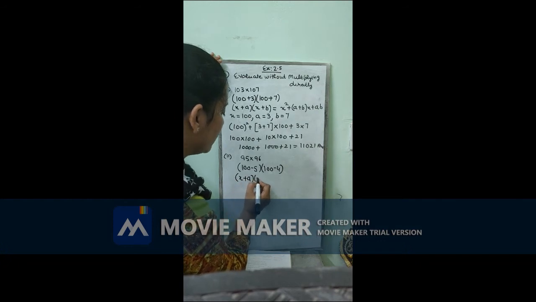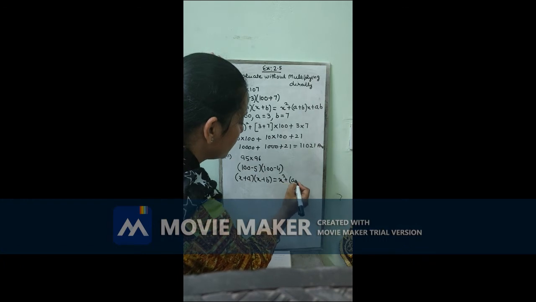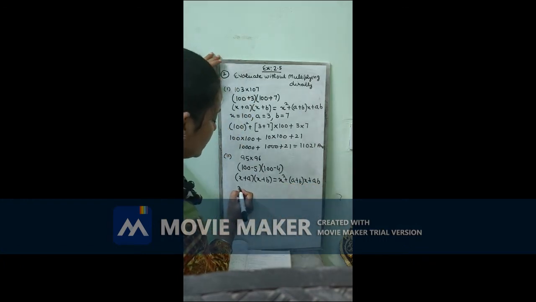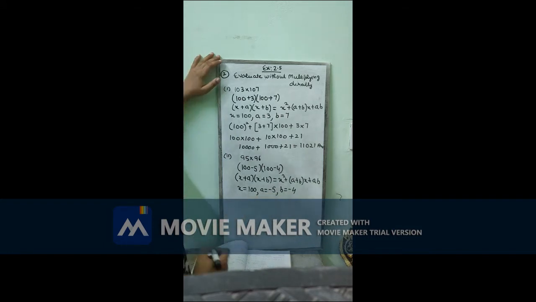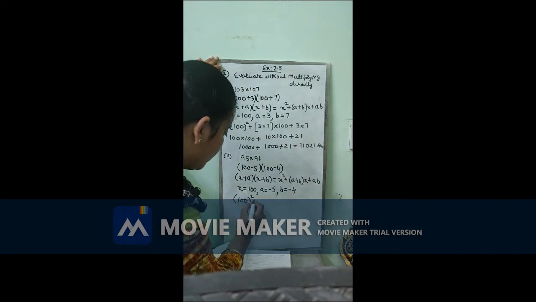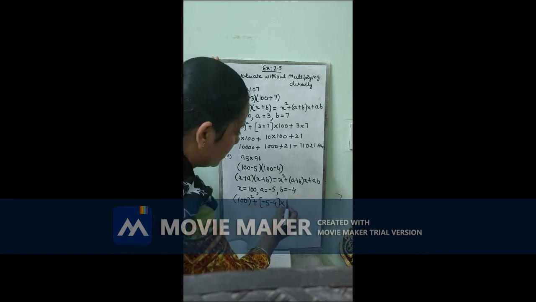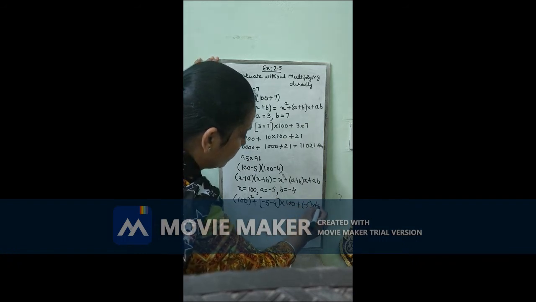(X plus a) into (x plus b) is equal to x square plus (a plus b) into x plus ab. X is 100, a is minus 5, b is minus 4. What you will do? 100 square plus (minus 5 minus 4) into 100 plus (minus 5) into (minus 4).